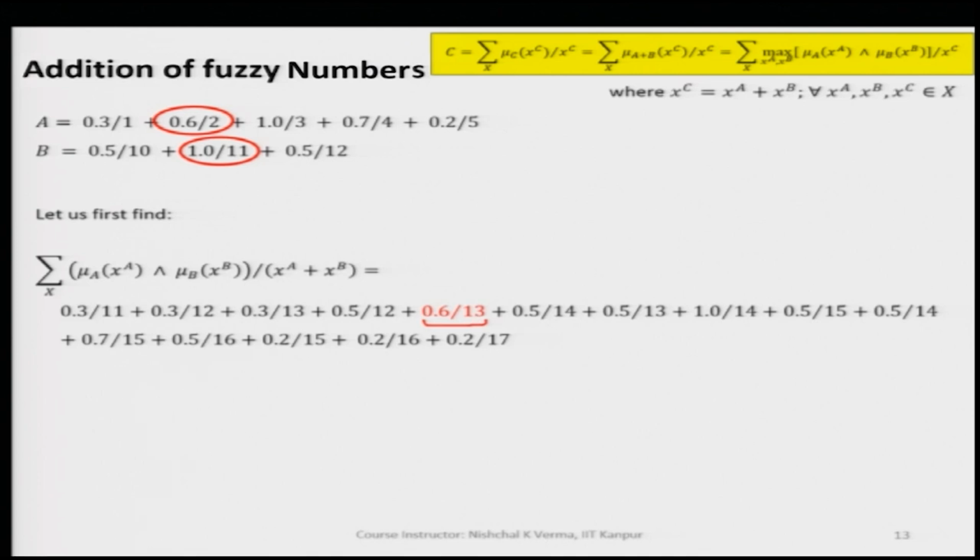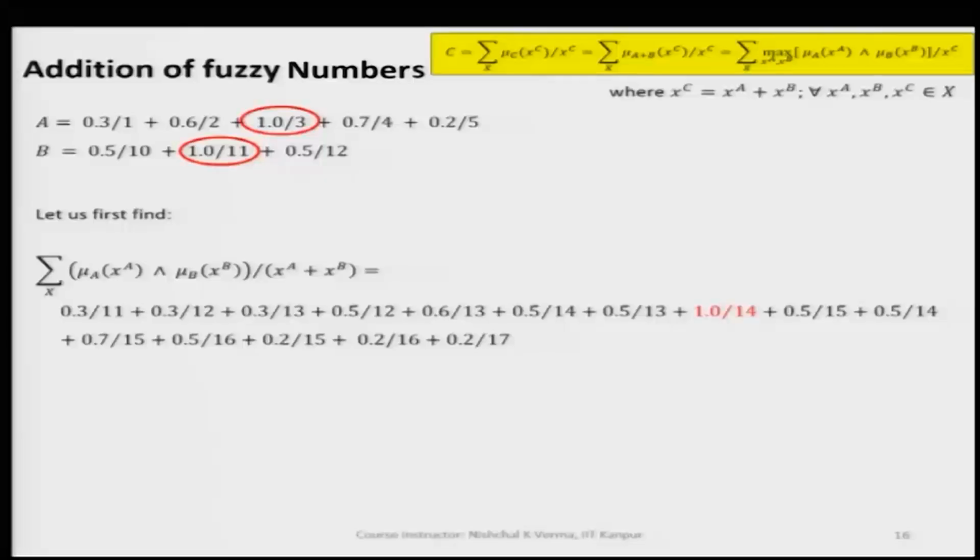I will quickly go ahead with other combinations here. With this combination we are going to get 0.5 oblique 14, with this combination we are going to get 0.5 oblique 13, and then with this combination we are going to get 1 oblique 14.